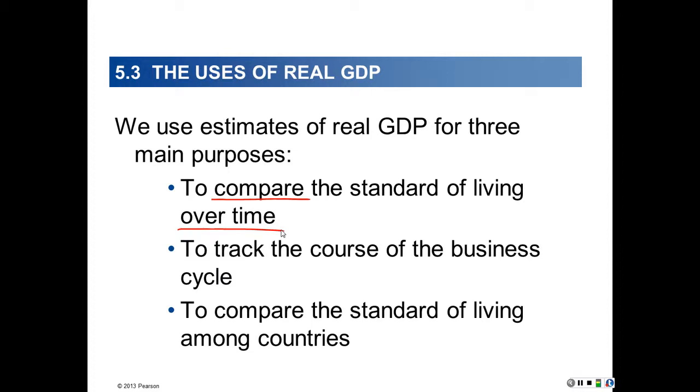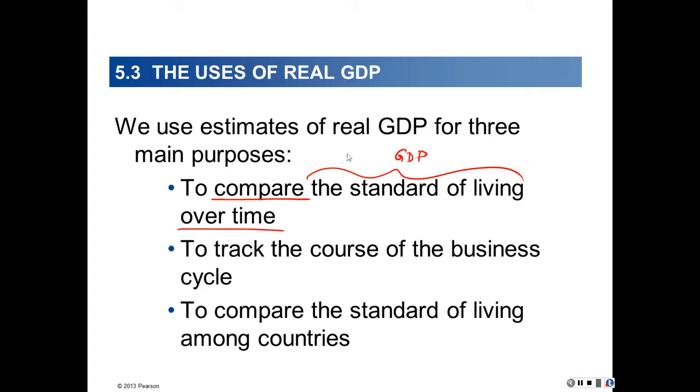Or we can say our economy is shrinking if real GDP today is smaller than real GDP in the past. Right? So we can keep track of what is happening to our economy. We can compare the standard of living over time, because GDP is going to tell us something about the standard of living. Am I correct? This is something that GDP is a good indicator of, right?